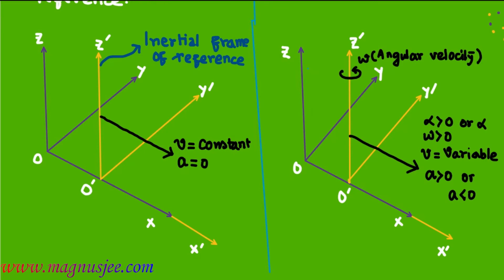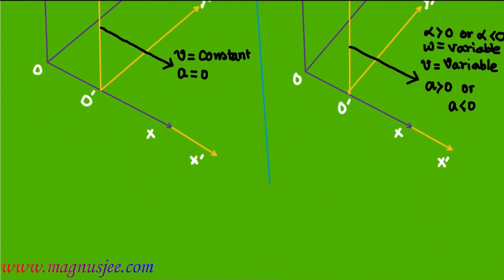And the new set of axes or non-inertial frame of reference denoted by yellow color has variable velocity, certain linear acceleration, it can rotate, it has certain angular velocity and angular acceleration alpha also. This new set of axes should have variable angular velocity, angular acceleration alpha, variable linear velocity v, and tangential or linear acceleration a.